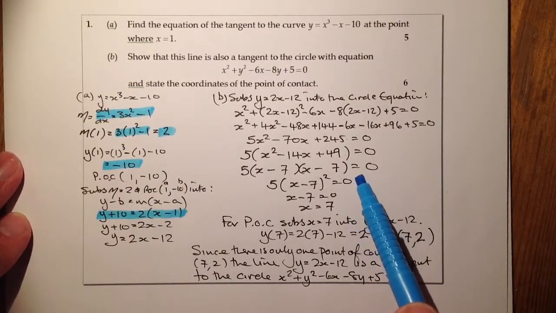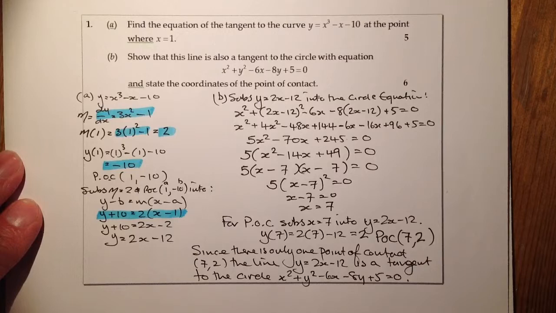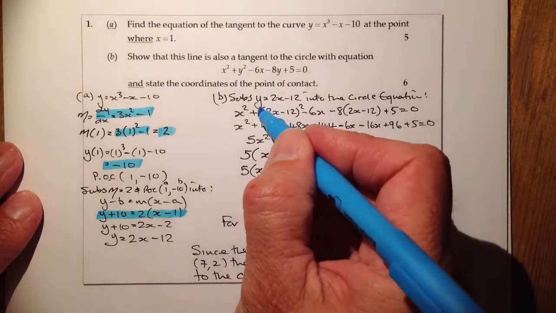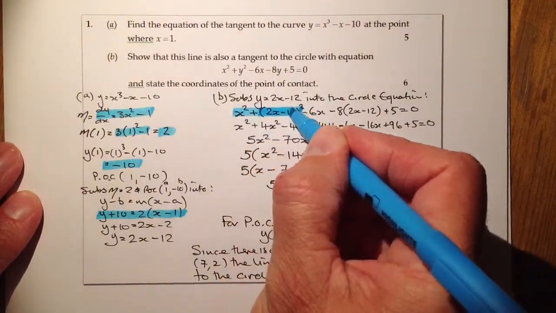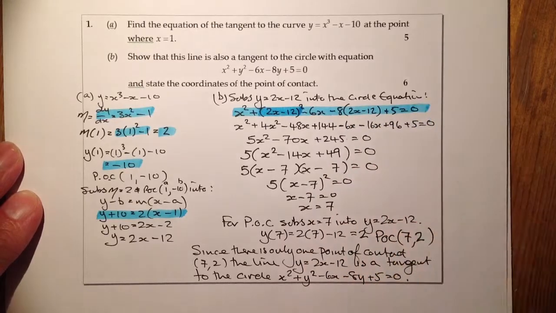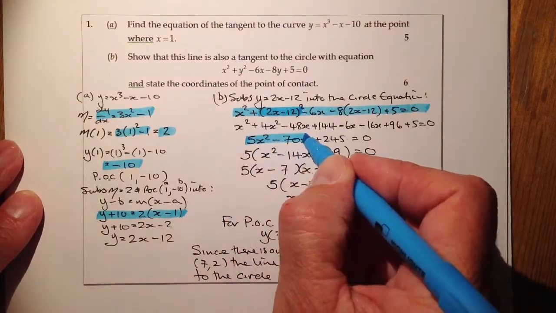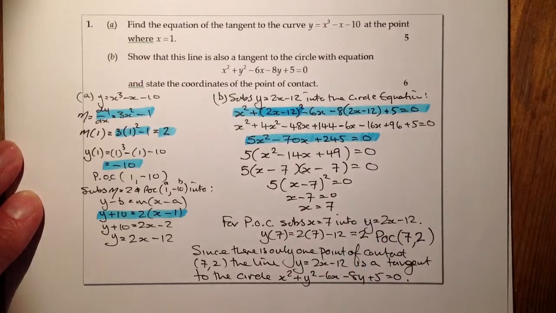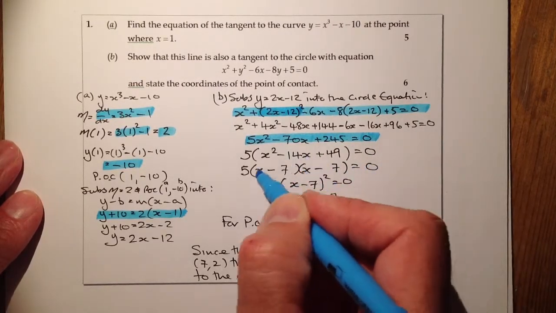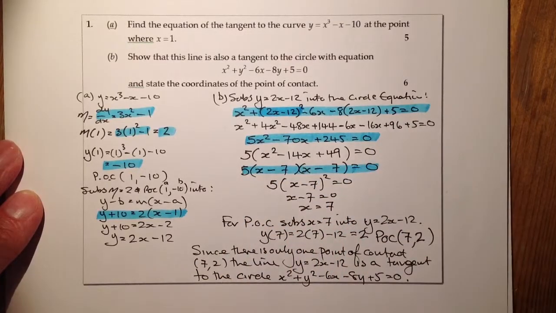Let's look at the 6 marks over this side. The first mark will be given when we substitute in these parts here: substituting y equals 2x minus 12 into the circle equation. I'll then go for a mark for gathering things together and multiplying them out and getting it to that form. Take a mark for factorising that to there.